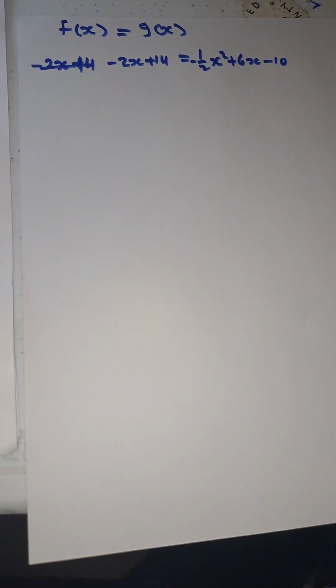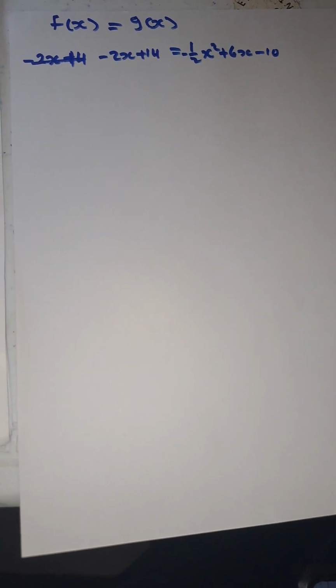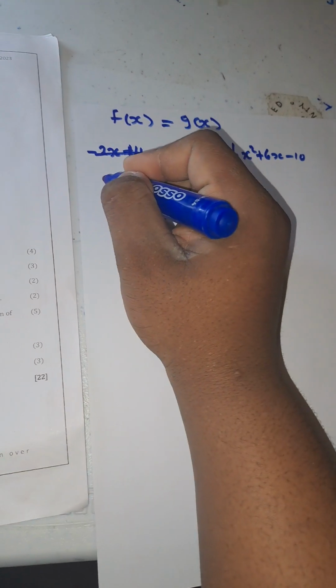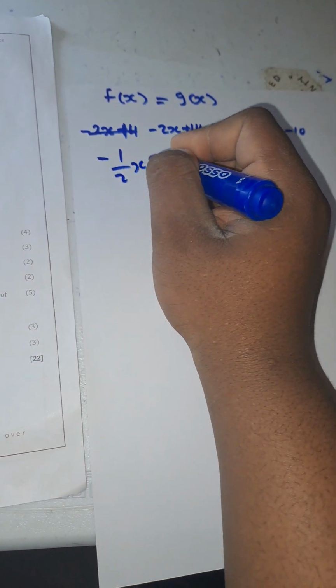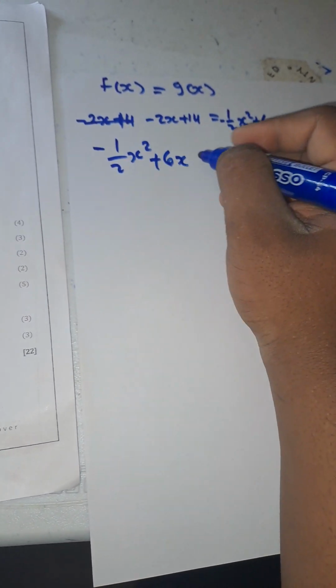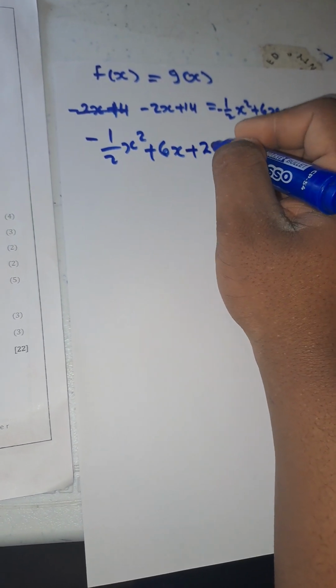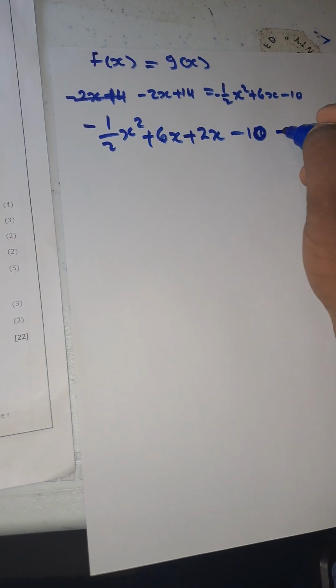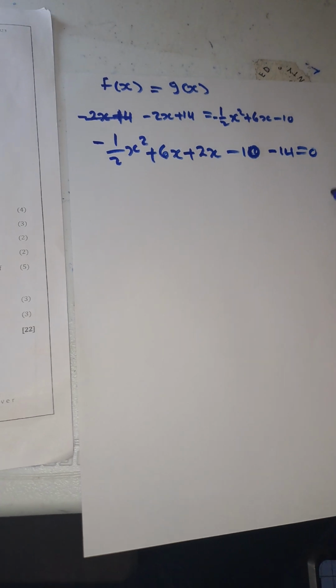I want you to try it, guys, because at the same time, you have to do it. I gave you a hint. Now you know that you have 1 over 2 x squared, plus 6x, and then plus 2x, minus 10, minus 14 equals 0.